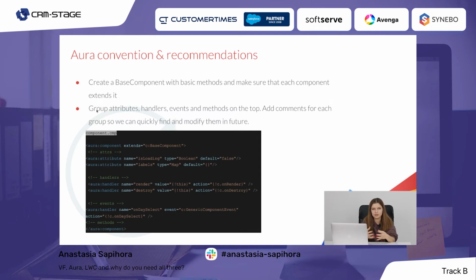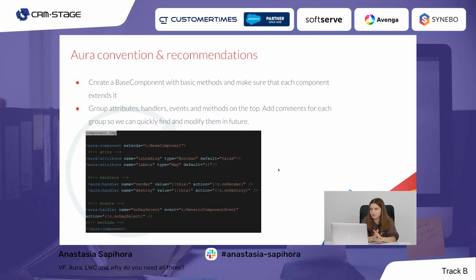This will increase your development productivity because you will need to write less code, and it will be better for component maintenance because you will have a base component where you can update or fix something, and it will be fixed in all components where it is used. Because with our components we can extend and inherit some helper methods.